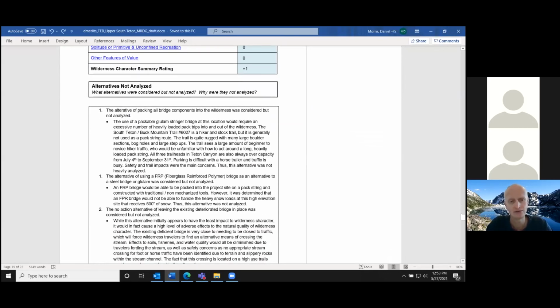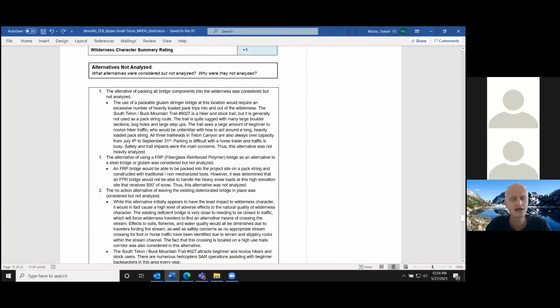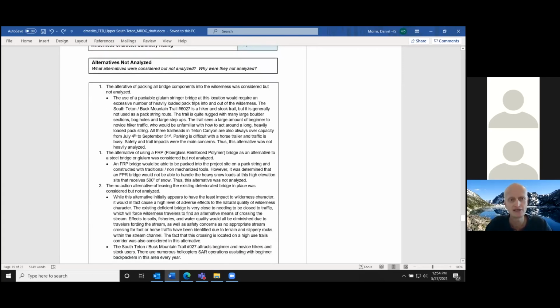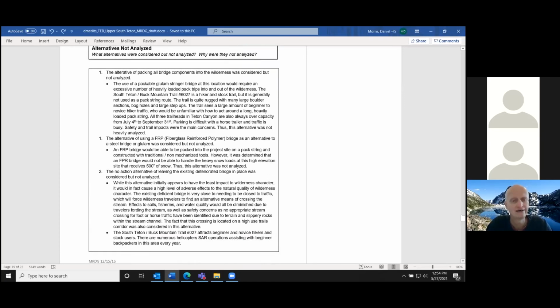Do we need to analyze a different type of bridge or using native materials or something else? They didn't analyze those in detail, but they did a pretty good job of showing that, yeah, we considered some other alternatives and here's why we're not using those.